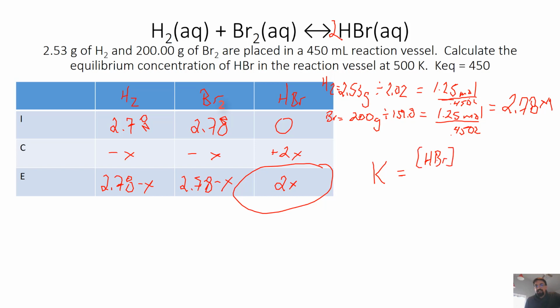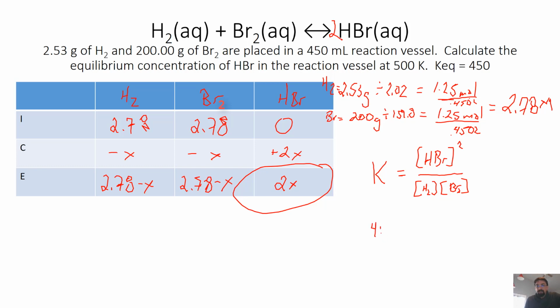The concentration of HBr is going to be squared. Hydrogen and bromine don't have exponents because their coefficients are 1 in the balanced chemical reaction. So let's see what we can replace with numbers here.